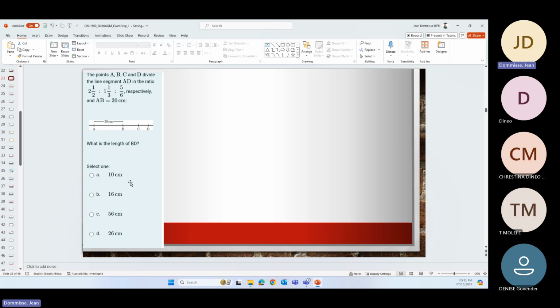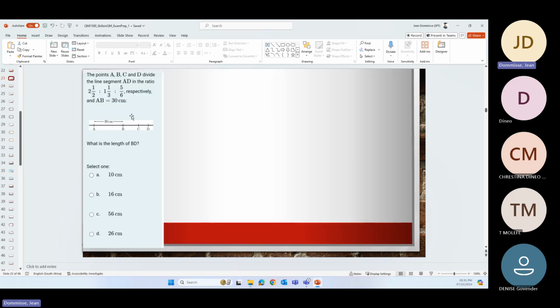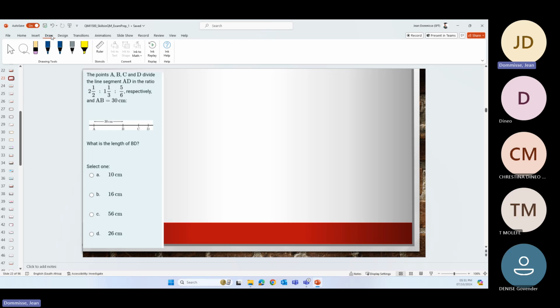This one is to do with a bit of a ratio question, so some measurement with ratios, and you will see there's a few different ones that we will cover in tonight's session.